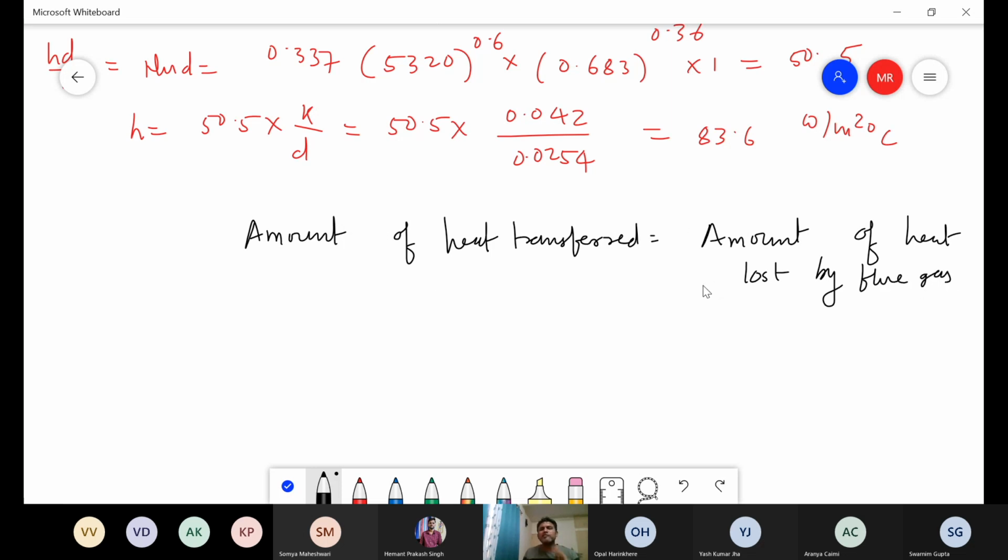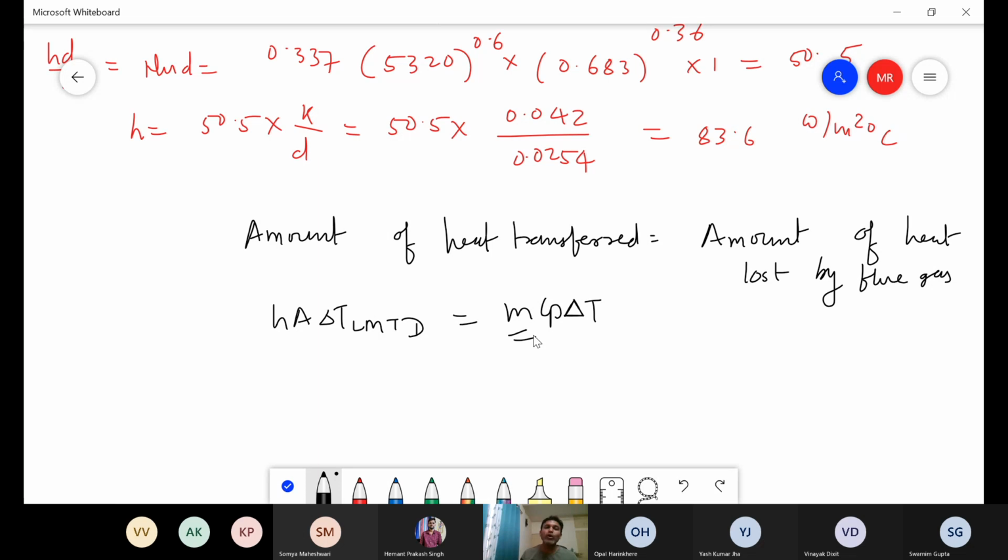Amount of heat transfer is hA delta T LMTD. Amount of heat lost by the flue gas will be given by m Cp delta T, isn't it?